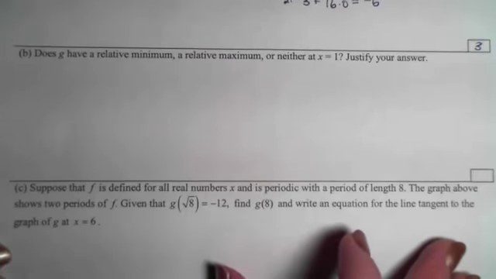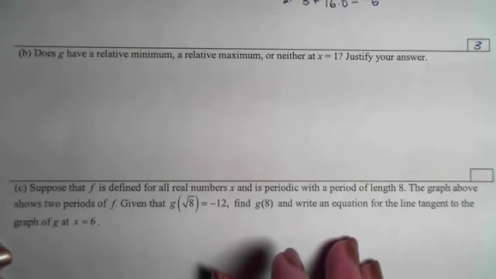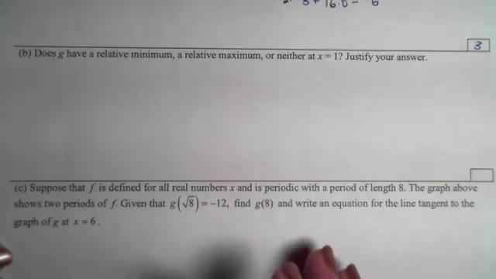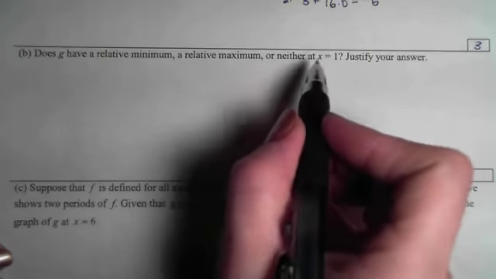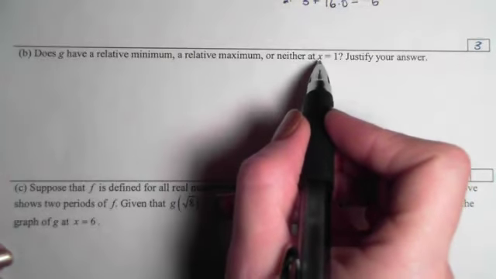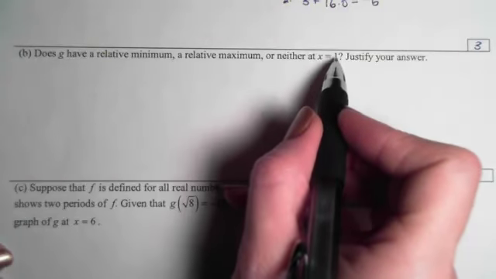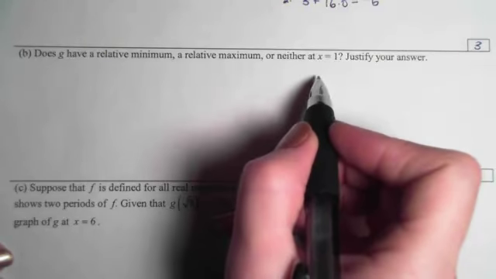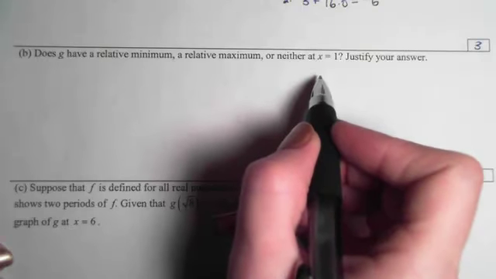If we look at part B now, it says, does g have a relative min, a relative max, or neither at x equals 1? Well, in order to have an extreme value at 1, we need g prime of 1 to be 0 or undefined, and we need g prime of 1 to change sign.